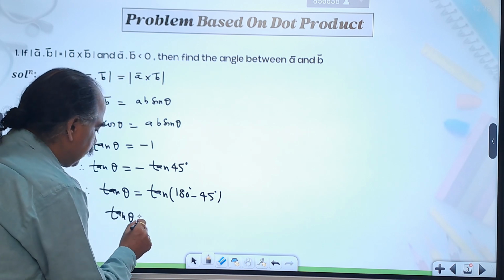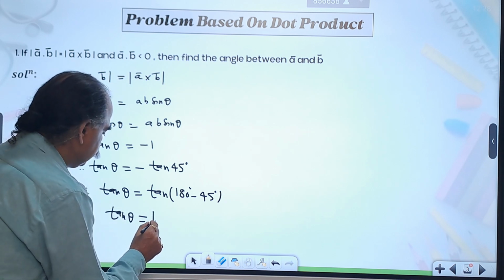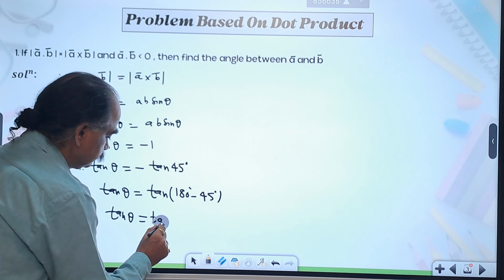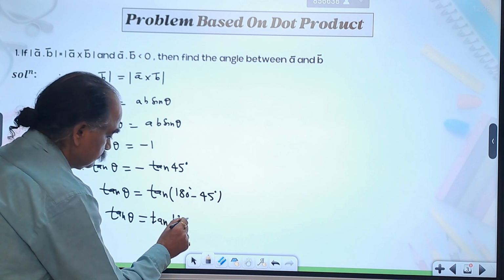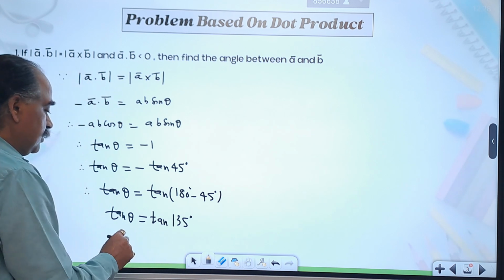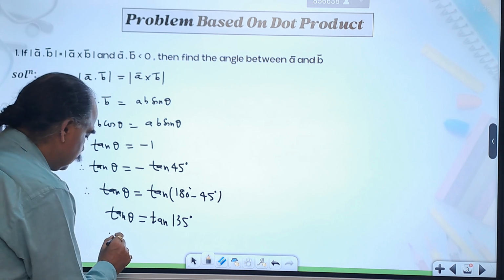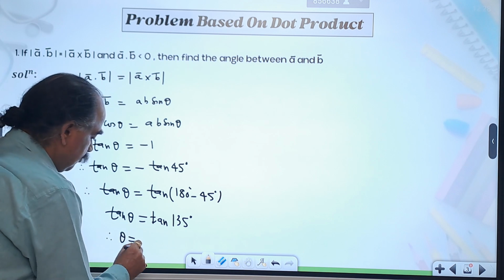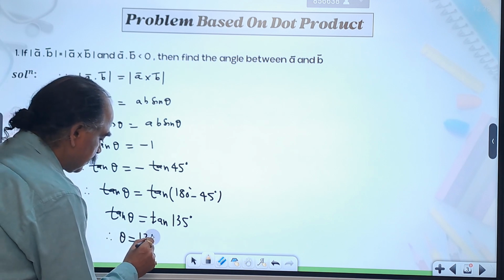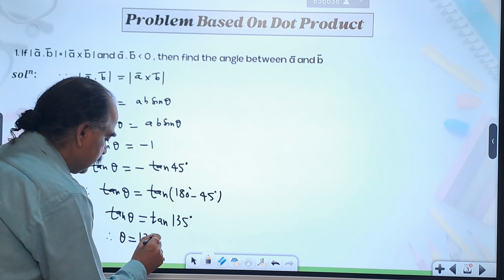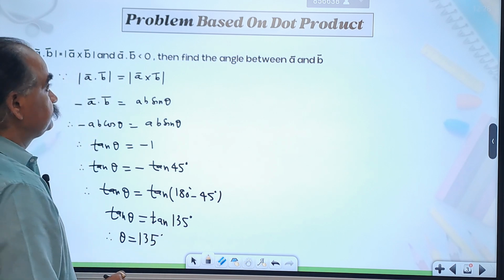So tan theta is tan 135. So theta is 135 degree, or you can say 3 pi by 4 radian.